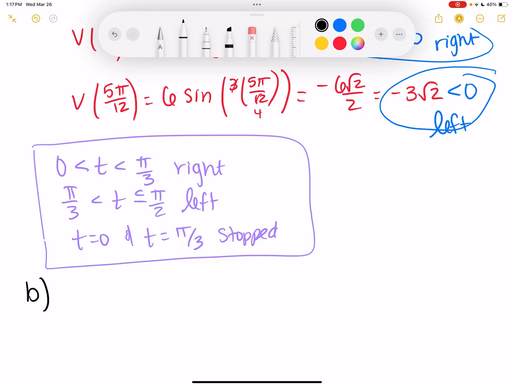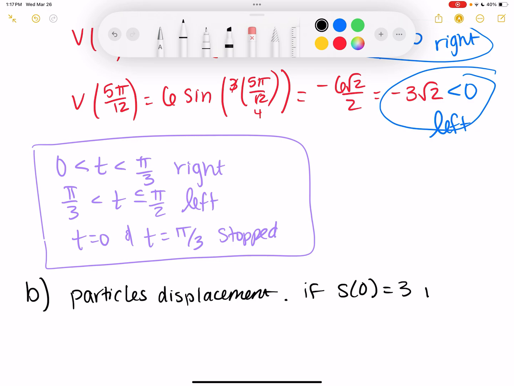Part B. Find the particle's displacement if s of 0 equals 3. What is the final position?